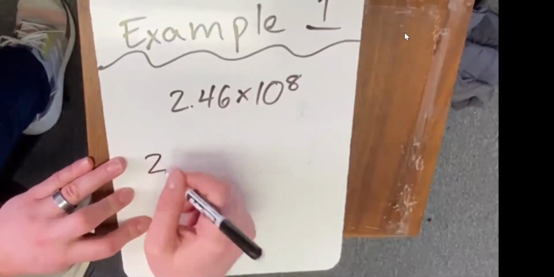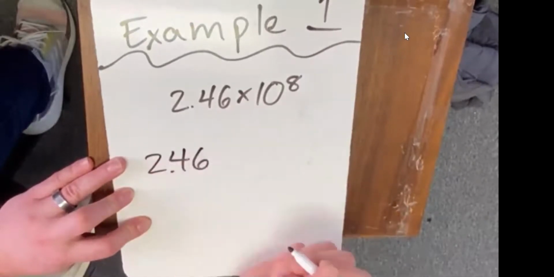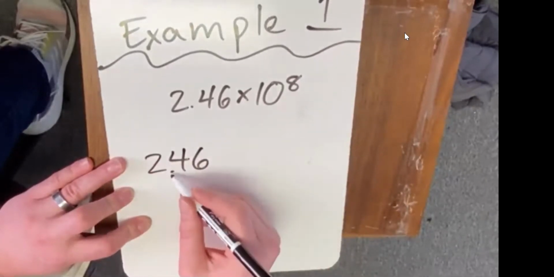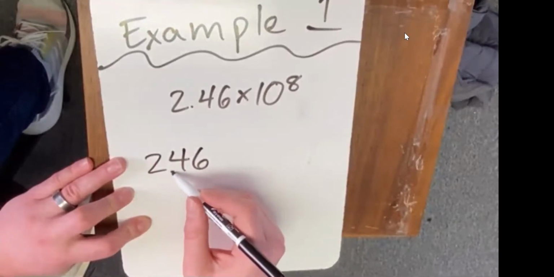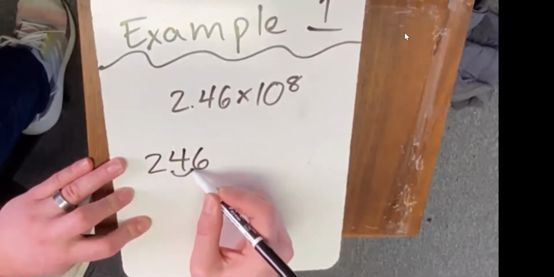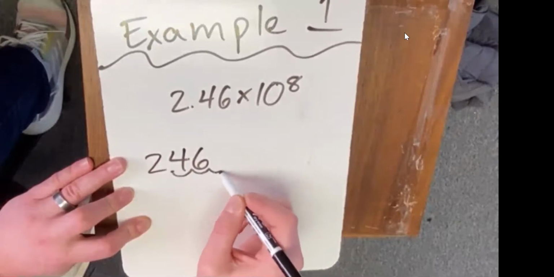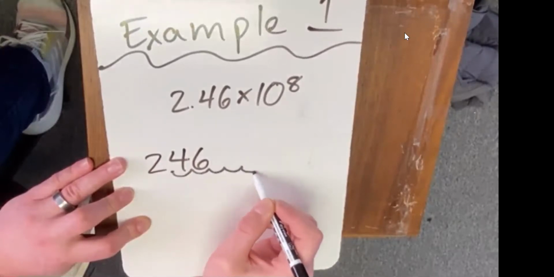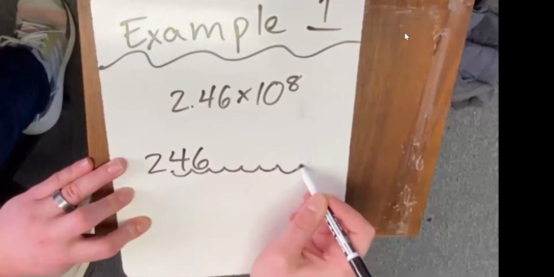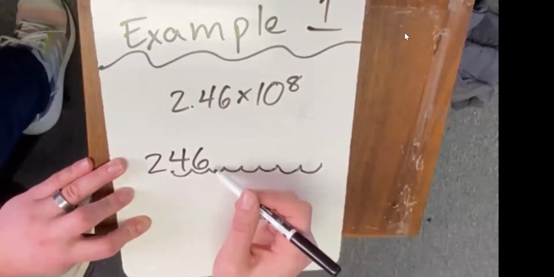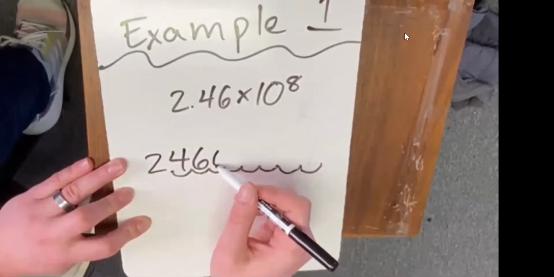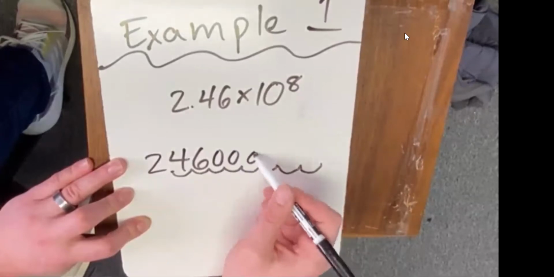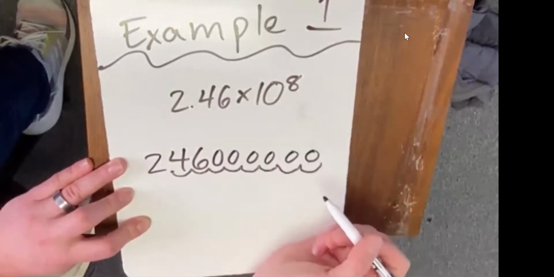So I'm going to write 2.46, and then I need to move my decimal 8 places to the right. 1, 2, 3, 4, 5, 6, 7, 8. And in all these little gaps here, I need to add a 0.